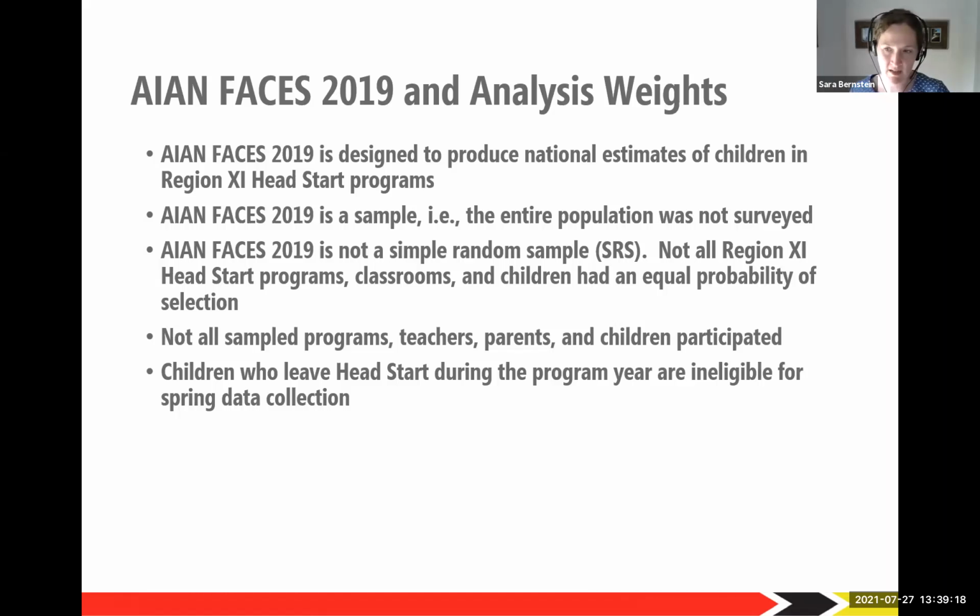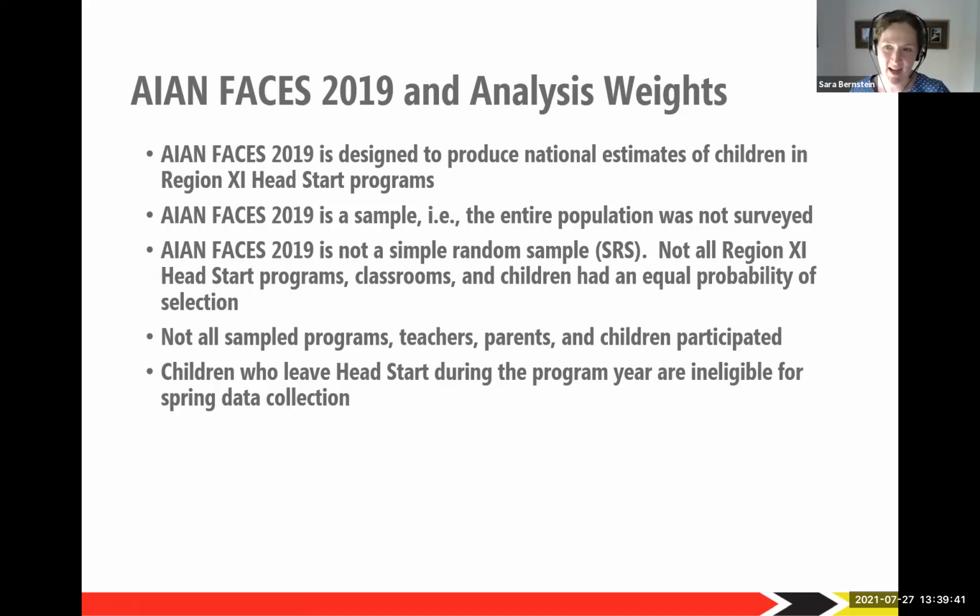So for all those data collections, analysis is supported at the child level. It's a sample survey. It's not a census of program centers, classrooms, or children. So only a small portion of each of those populations is selected and participates in the study.